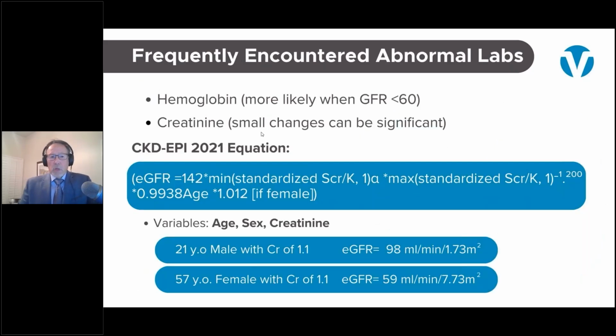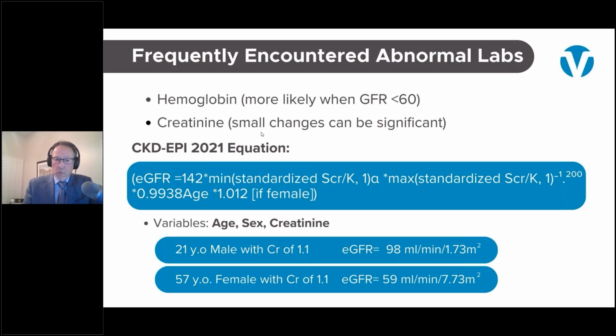So I'm going to go ahead and start with the eGFR calculation. As you can see, it's fairly complex, and one of the things that has changed since 2021 is previously race was included as a variable. It's no longer included as a variable. So basically, you have age, sex, and creatinine. When you're dealing with this population, you're going to frequently encounter other abnormalities.